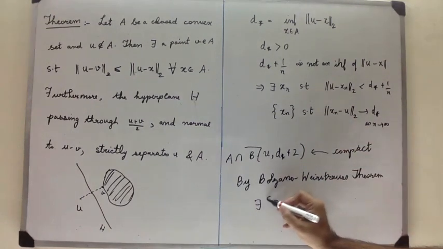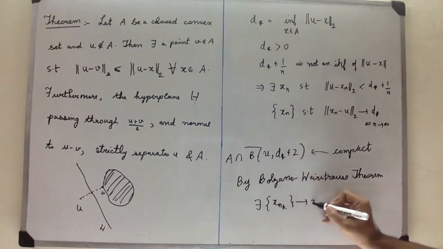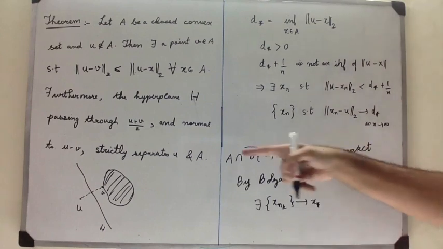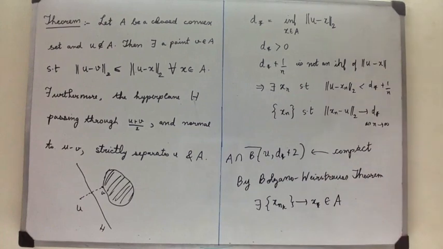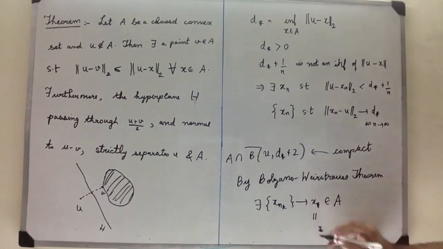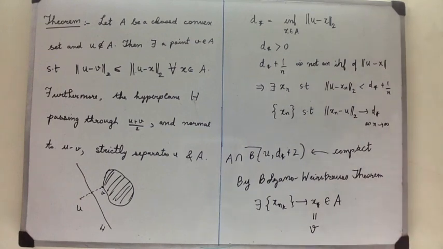There exists some subsequence which converges to some x star, but A is closed, therefore x star is an element of A. So we'll call this x star v, sorry. So we have already proved the existence of this.